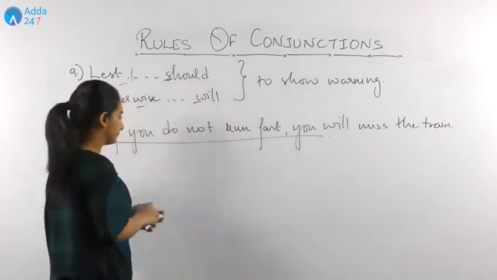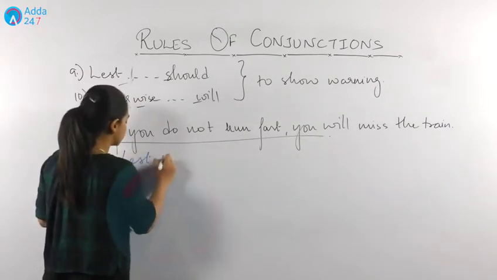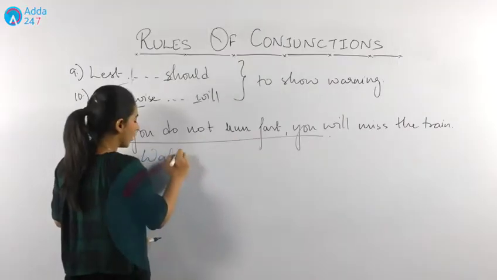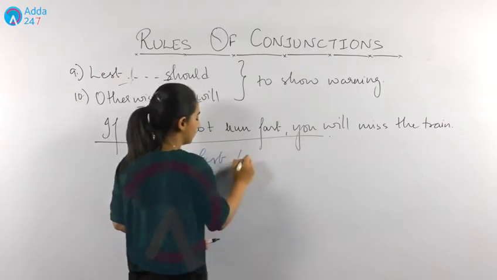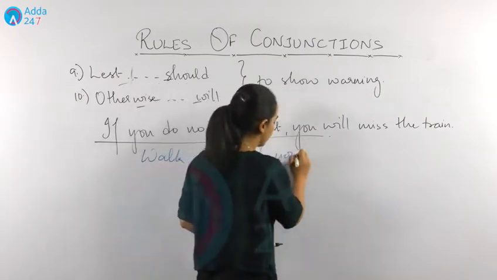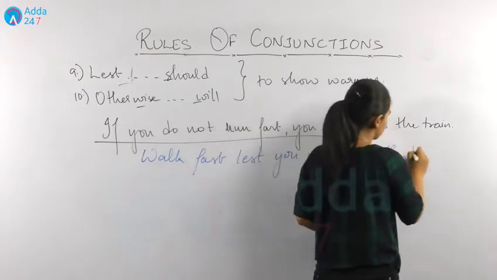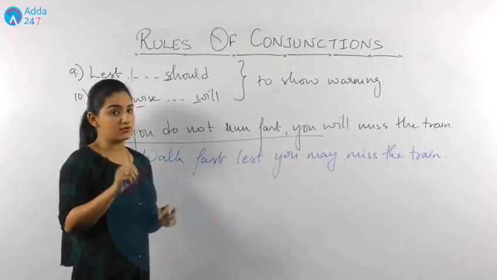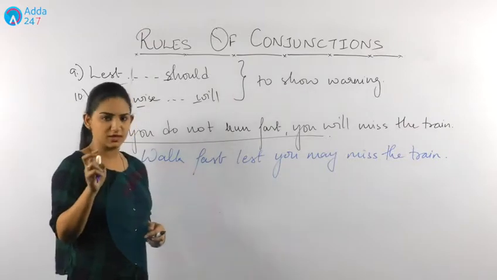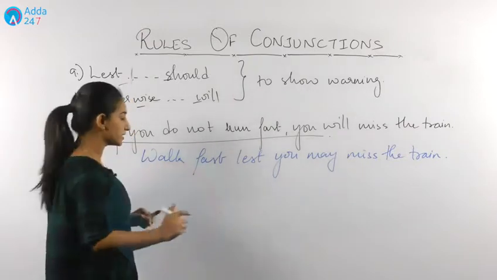For example, lest you walk fast, lest you may miss the train. Now, by the time I write the second sentence, you need to tell me, is there any error in the second sentence?